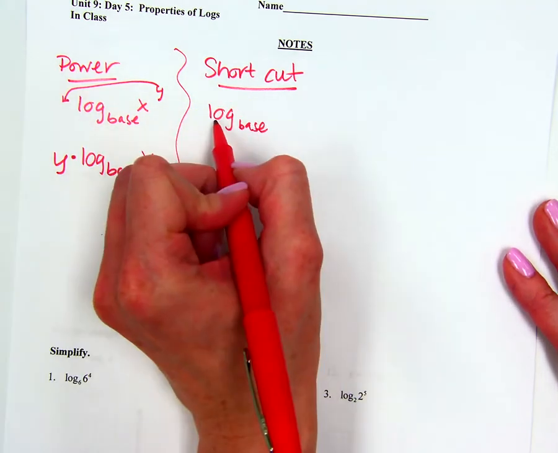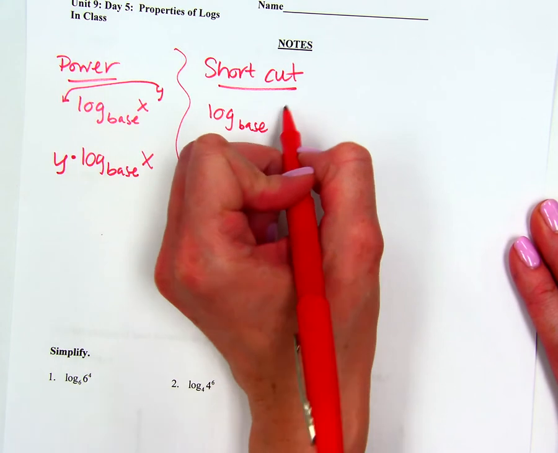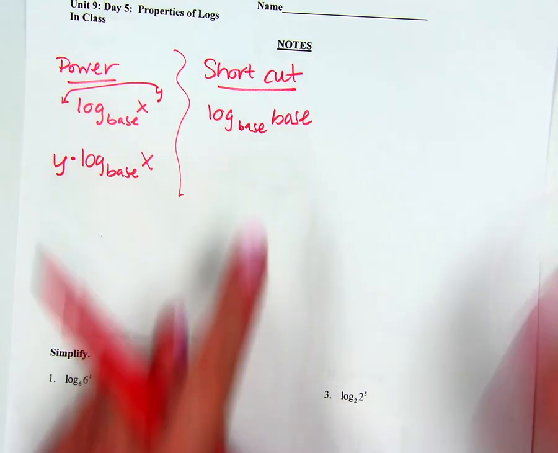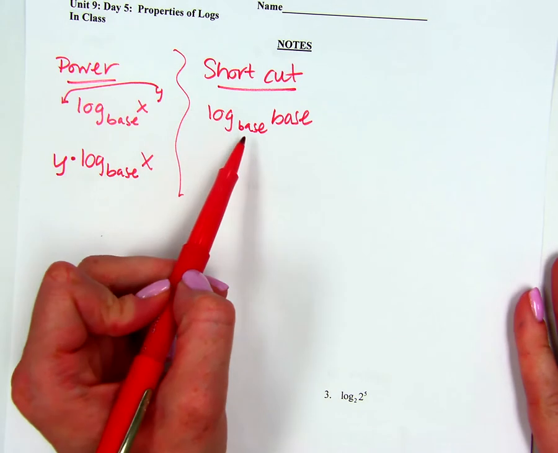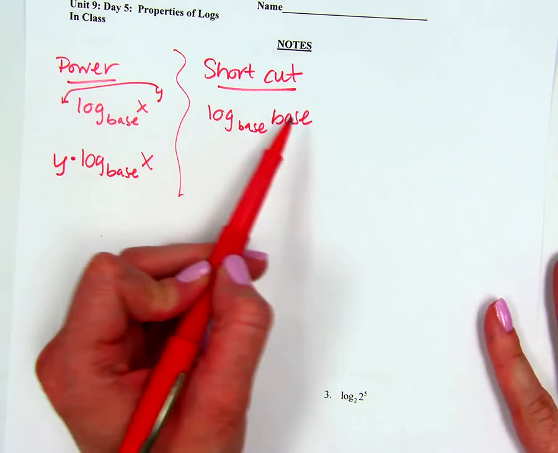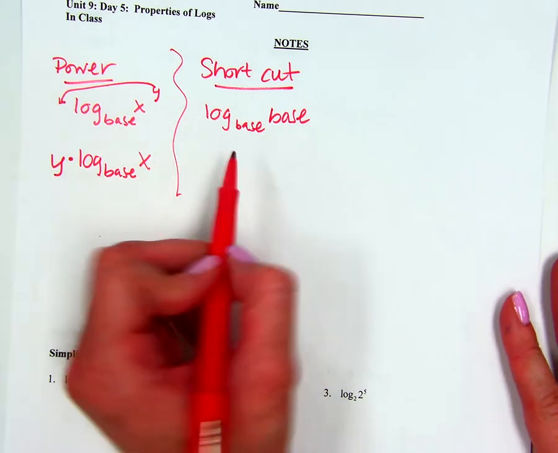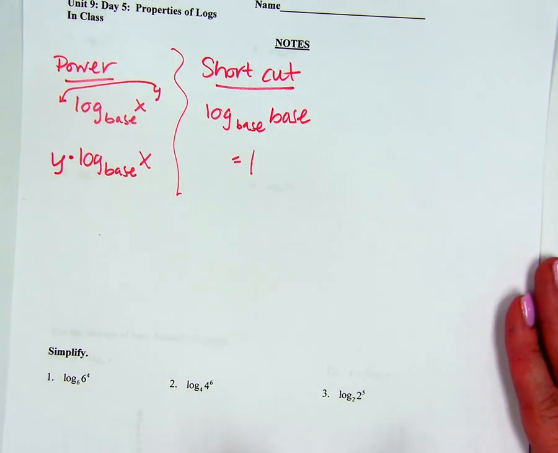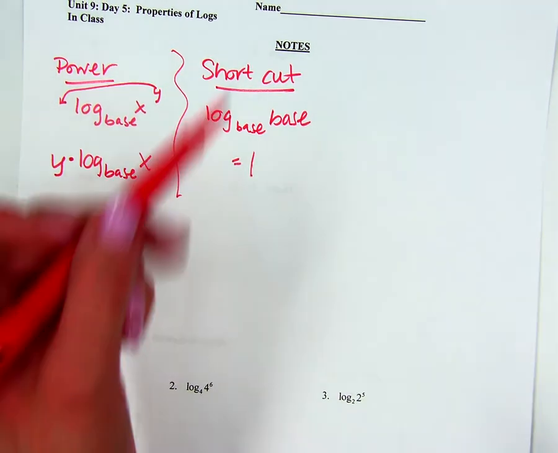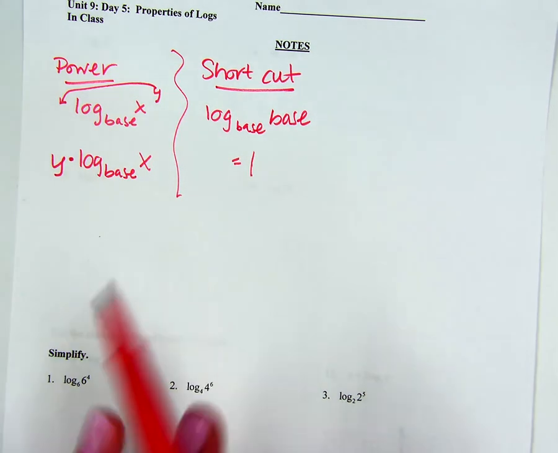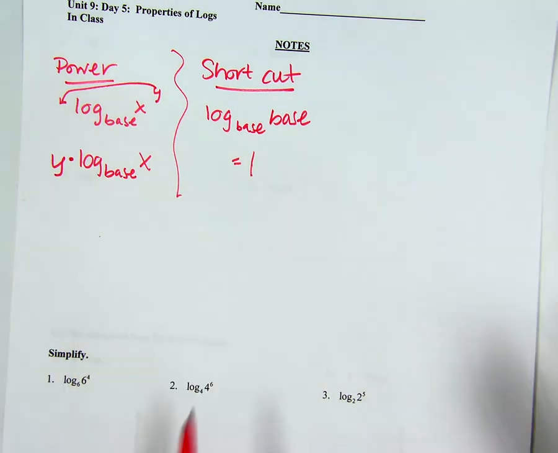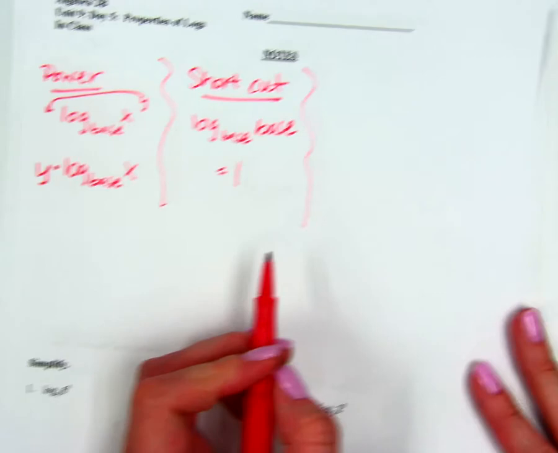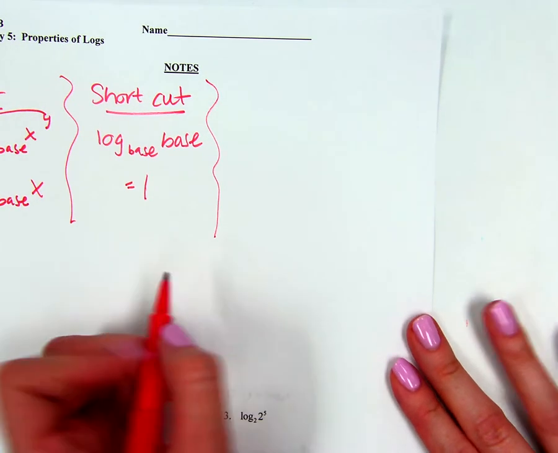If we have our logarithm and I have our base in these two different spots, they're going to cancel out and equal 1. So if you see something like this, it's just going to be equal to 1. That shortcut method will allow you to cancel those out and be left with whatever number you have left over. So we'll see the power again, we'll see the shortcut method, and then the last thing we're going to do today is the change of base.